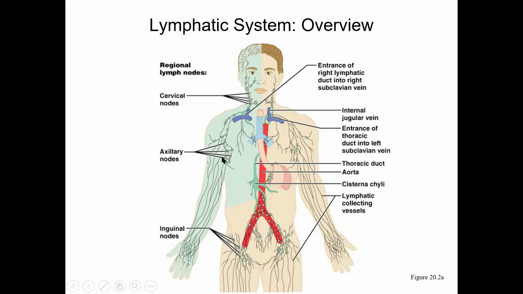All this fluid is collected and eventually drained to the right subclavian vein. The rest of the body, the lymph, will go to the left side and drain to the left subclavian vein.